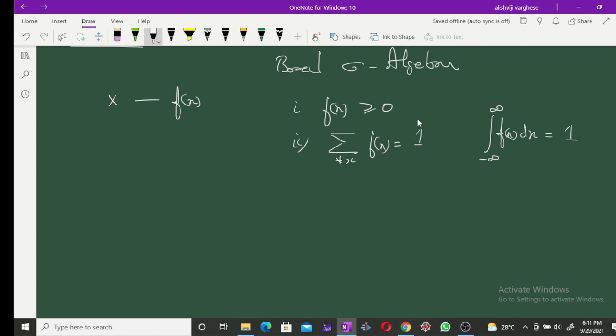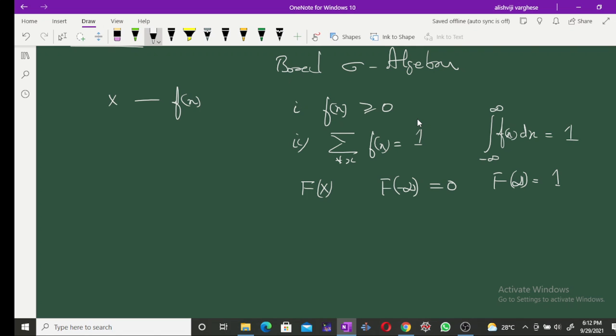Then again, in a similar way, if you have a cumulative distribution function, or DF, then for any DF, F of minus infinity is equal to 0, F of plus infinity is equal to 1, and the function capital F of x is a left continuous function.